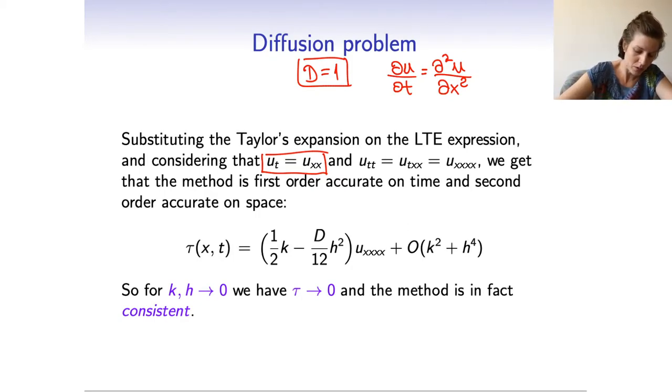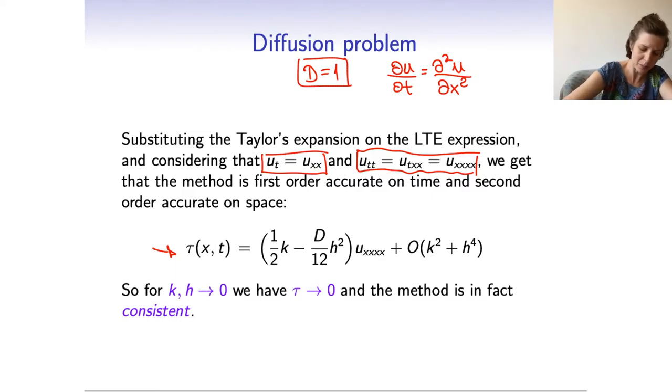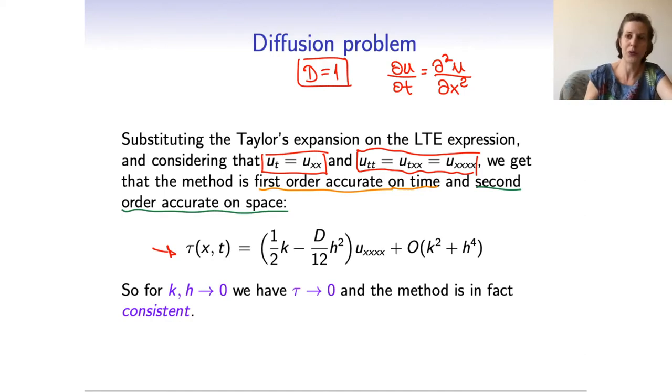And at some point, to get the same result that I got here, you also have to use these facts. So we get by this that the method is first order accurate in time, and second order accurate in space.